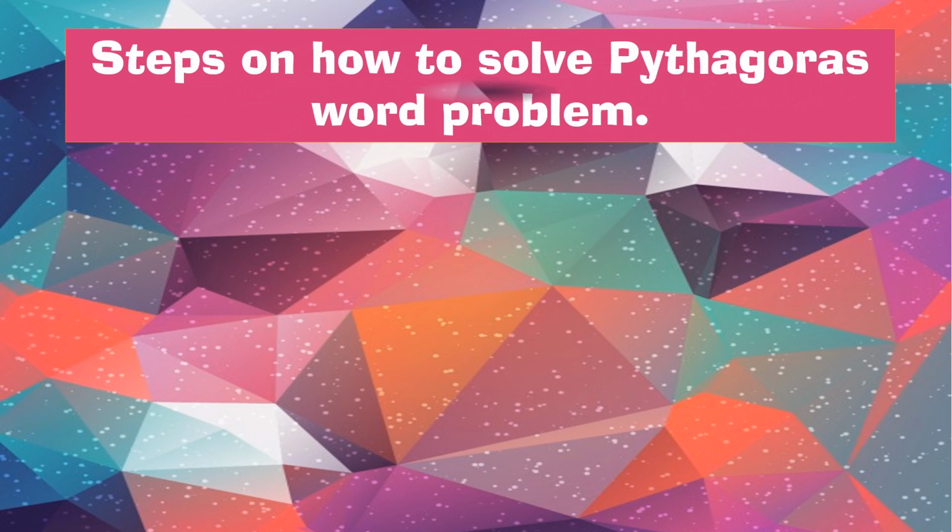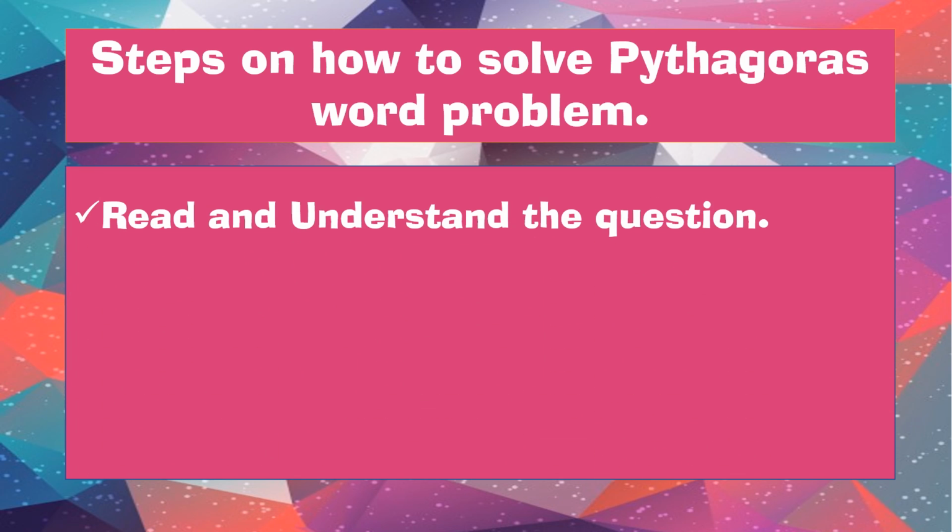So to answer word problems easily, we have to follow steps on how to solve Pythagoras word problems. Number 1, read and understand the questions. Meaning to say you have to read and understand everything. Number 2, identify the given. You have to identify the given numbers or the given quantities.